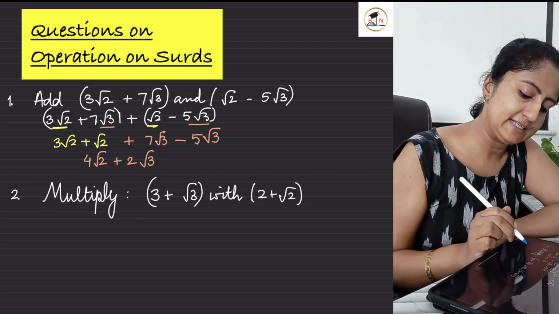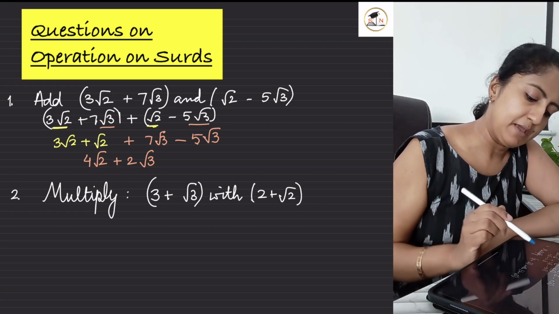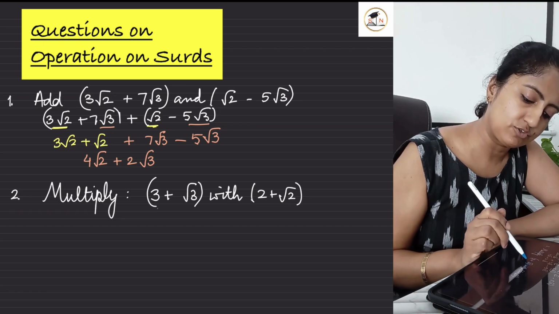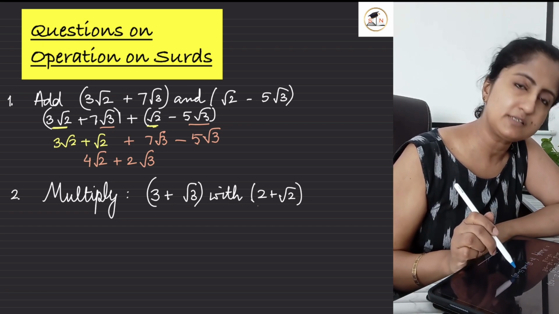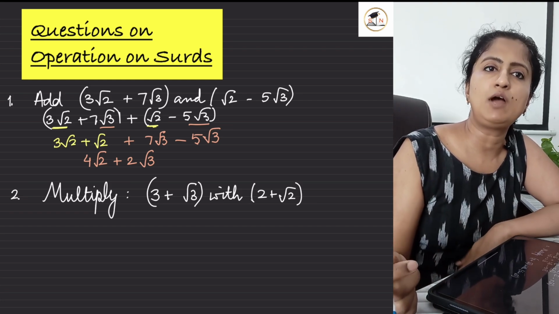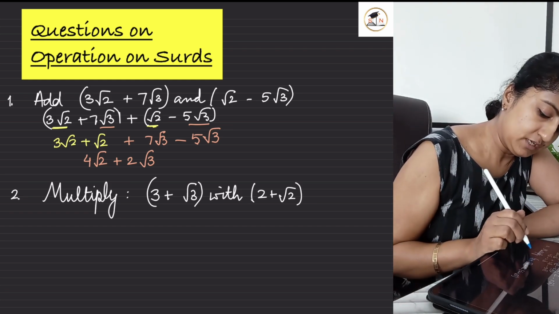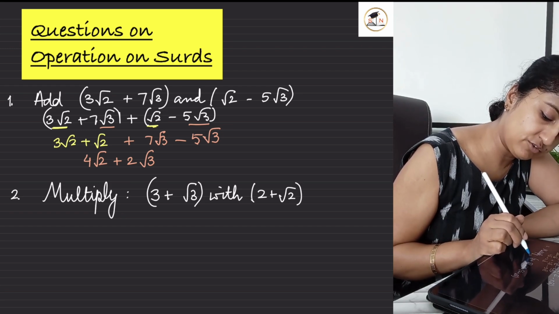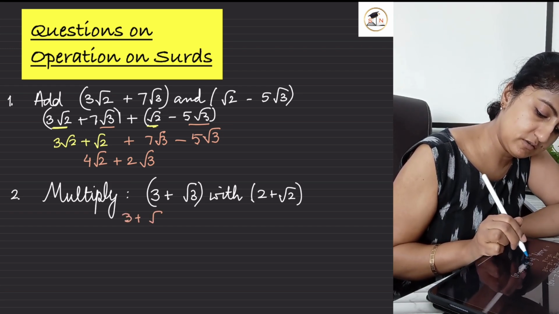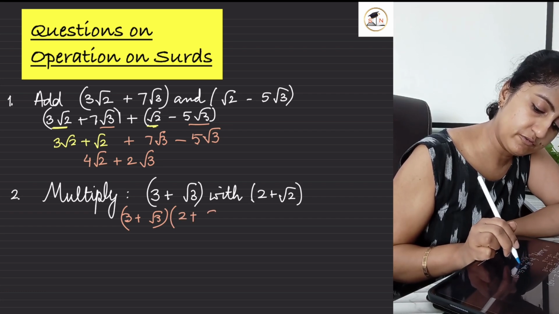Now similarly, let's try the multiplication in the next question. The question says multiply 3 plus root 3 with 2 plus root 2. So now we will multiply them as you have learned binomial into binomial previously. So now what we have over here is 3 plus root 3 times 2 plus root 2.